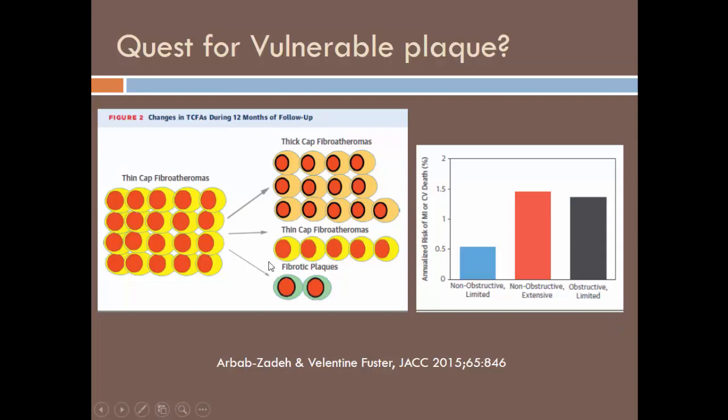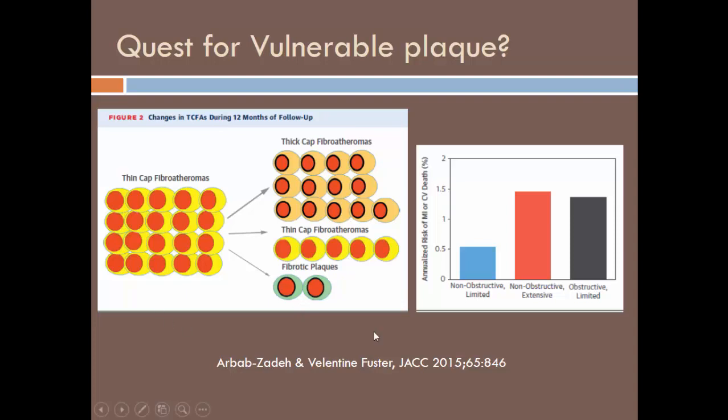individual plaques can have high-risk, vulnerable features, but most of these plaques will become thick cap fibroatheromas subsequently, because in all our coronary arteries, the plaques are undergoing transition from different stages, different types, vulnerable to non-vulnerable, etc. So only very few plaques stay as thin cap. Most of them will become normal stable plaques.